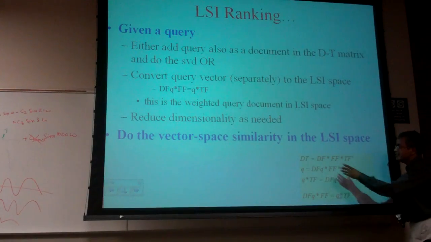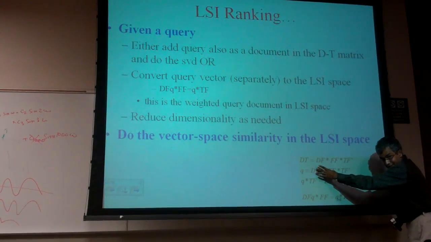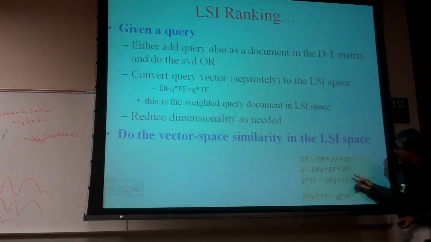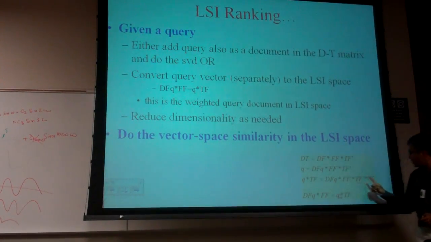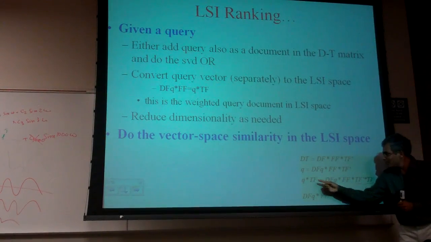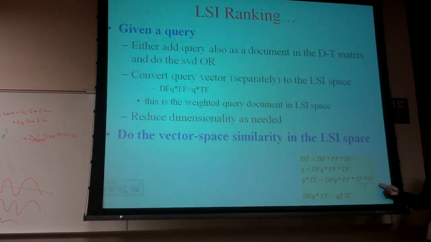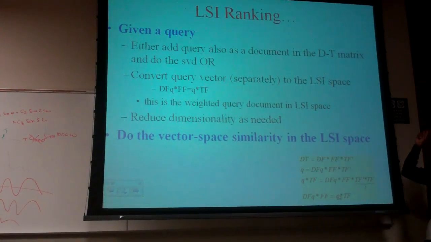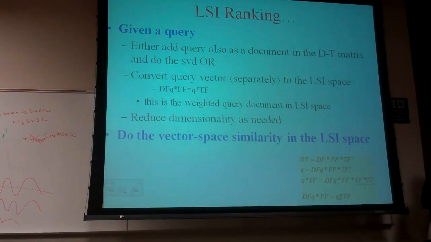What I really want is dfq times ff. Right? That's all I want. What I still have is this df dash. If I multiply both sides by df, right, then q times df is dfq times ff times df dash times df. Df dash times df is I. We said this, right? Because df dash is an orthonormal matrix, df dash times df is an identity matrix.